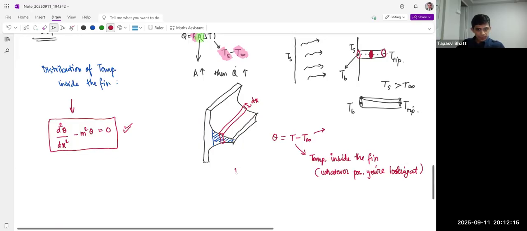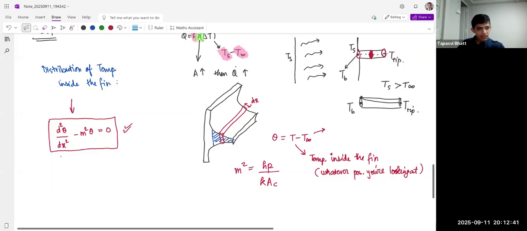What is M? M is a constant. You can say M square is hP over kAc. I forgot what P is, but it will come up, I think, during the Q&A session, most likely. h is the convection heat transfer coefficient, k is the thermal conductivity, A is the area.